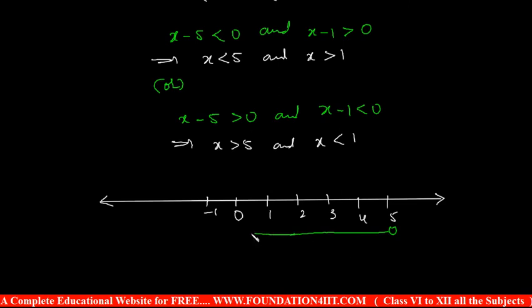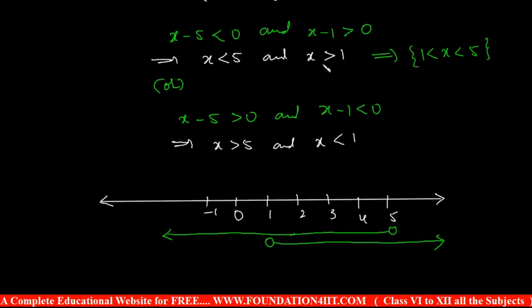Next is x is greater than 1, which means from 1 all the values this side. So the common portion, if you observe, is between 1 and 5. Only between 1 and 5 are you getting the solution for this, that is 1 less than x less than 5 for this case.